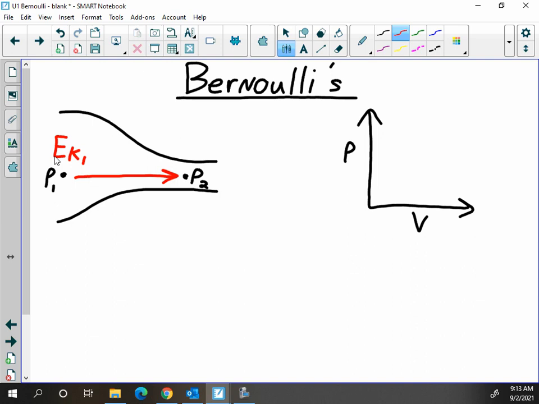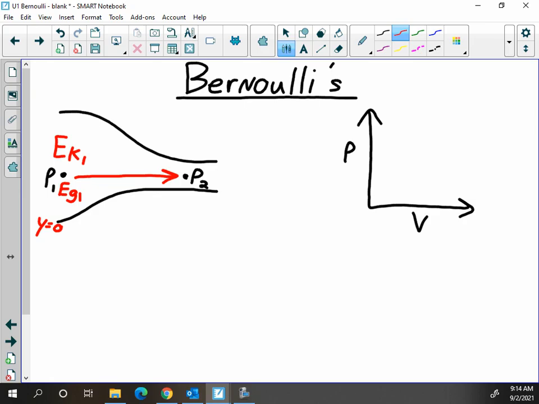Are you sure? Okay. What you have to know, what you don't know, is where is 0, right? What if 1 is where y equals 0? Then would you say there's any EG there? No. But if, say, y equals 0 is way down here, then could you say there's EG here? Yes. So because there could be EG here, we're going to go ahead and label it. But there are going to be some problems where you can neglect EG by just calling that location 0.